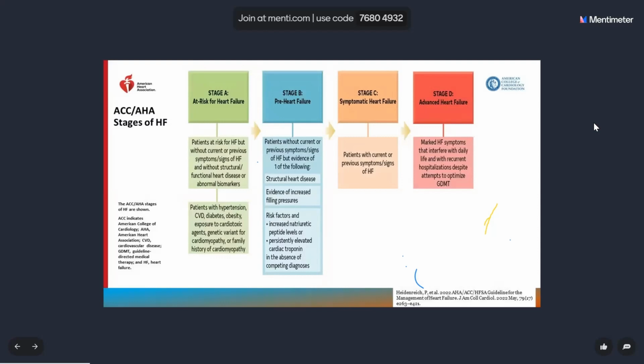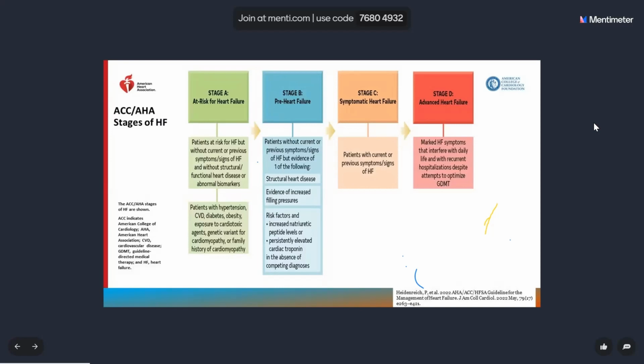Eventually, as part of this course, we will get into the nuances between these stages, as that is a learning objective on its own. But I just wanted to point out today that we are looking at patients that have stage C heart failure. So these are patients that have had either current symptoms or have had symptoms in the past, and then obviously have structural abnormalities in regard to their heart function that could be indicative or a cause of the symptoms that they are suffering from.